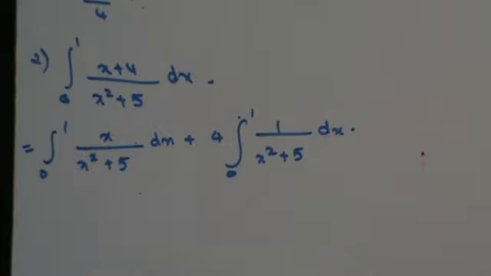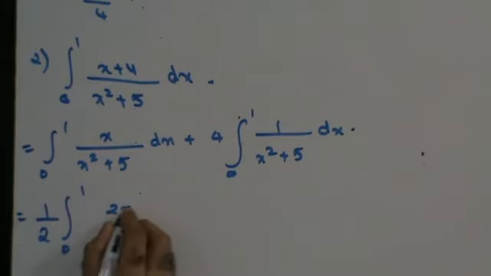So we know that the derivative of x square plus 5 is 2x. I want to make the numerator the derivative of the denominator. How will I do it? Divide by 2, multiply by 2. Now my numerator becomes the derivative of the denominator, right?